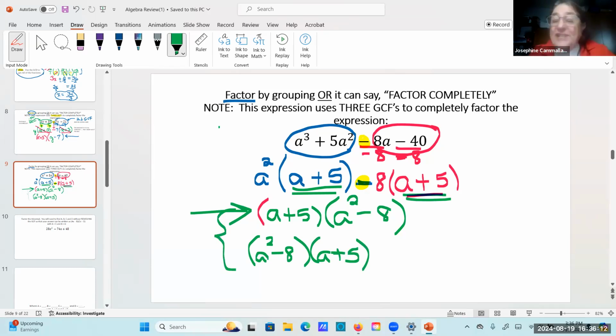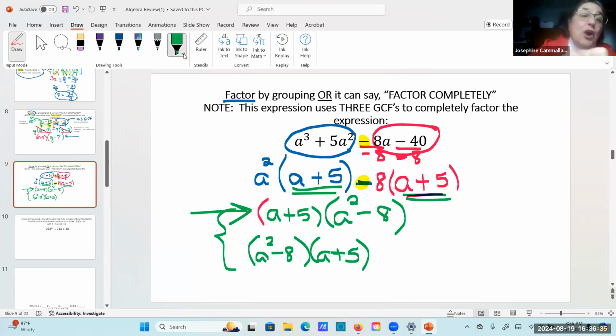Yes, both of these are correct. And just ask yourself, if I did 2 times 3, that equals 6. But couldn't I also write 3 times 2 and get 6?